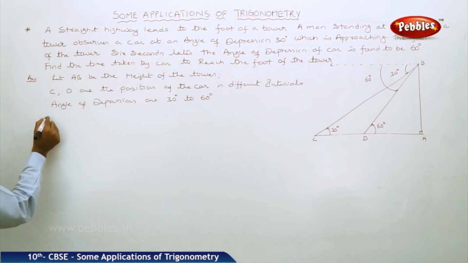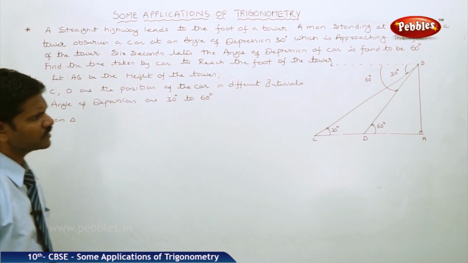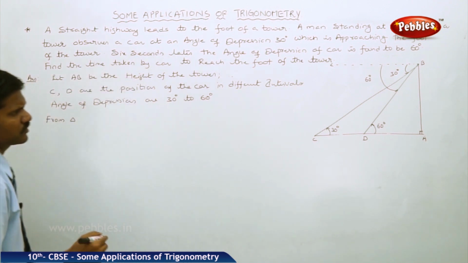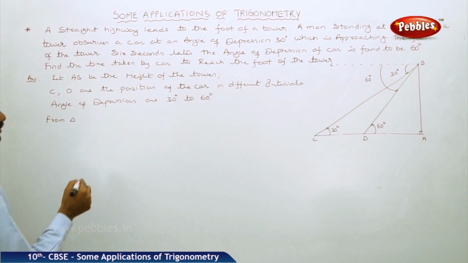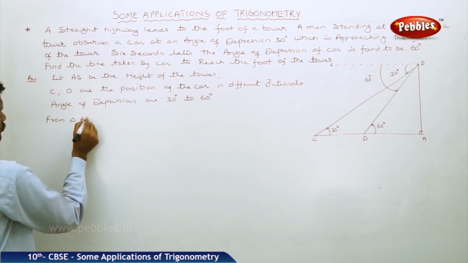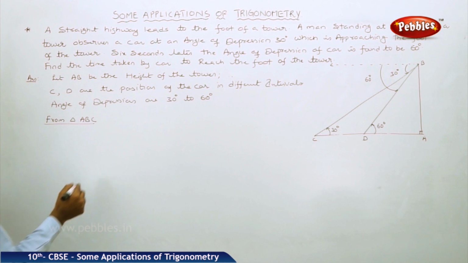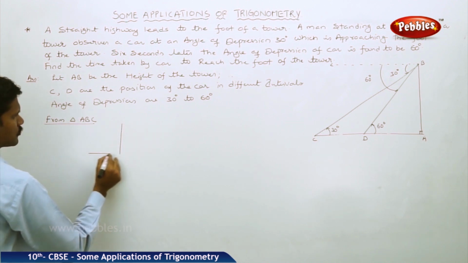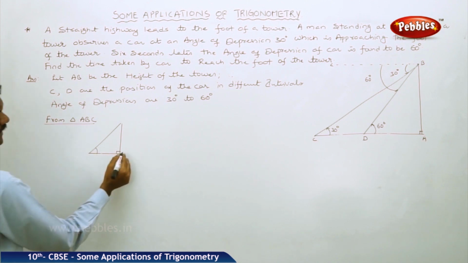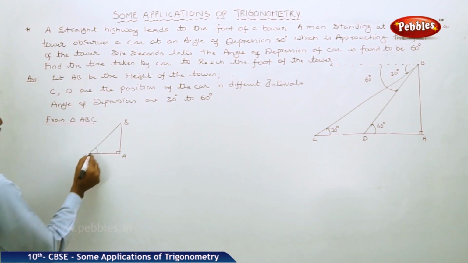Now, from triangle, take the small triangle first. From triangle ABC, the right angle is at A, angle at C is 30 degrees.